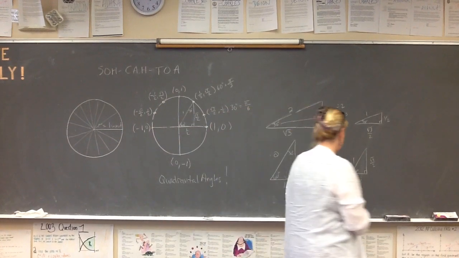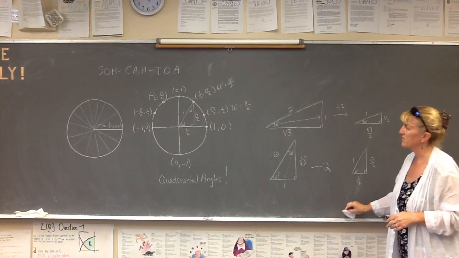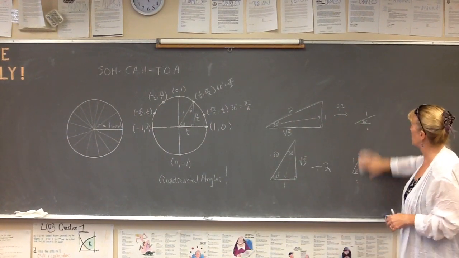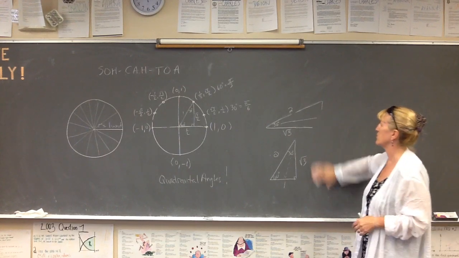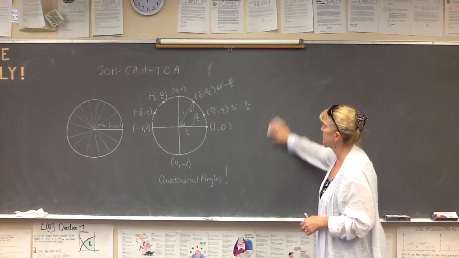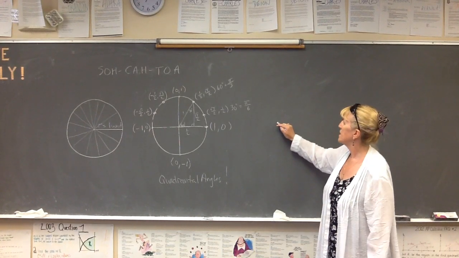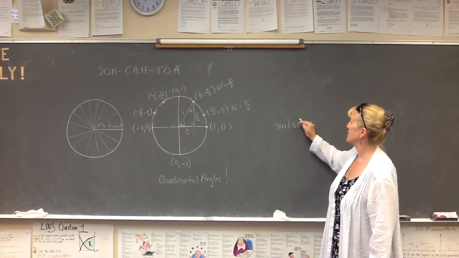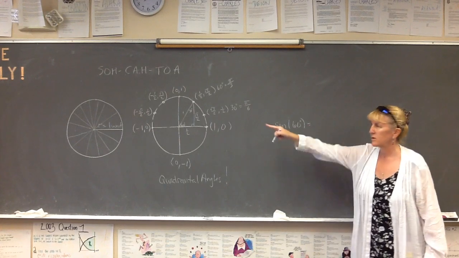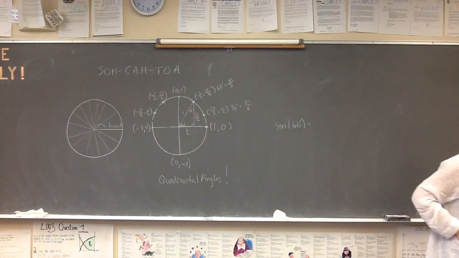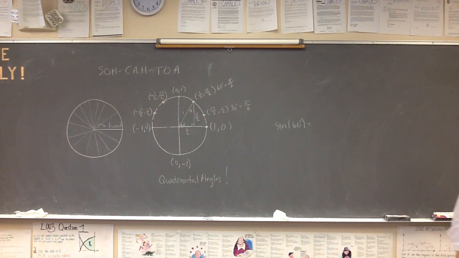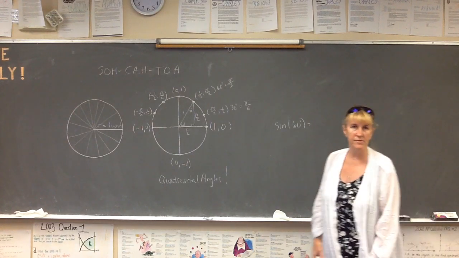That unit circle right now as far as creating any more numbers on it. I do want to talk to you about a relationship that exists on the unit circle, which I think is pretty cool. And I'm going to use this 60 while I'm here. The sine of 60 degrees. Look at your 60 triangle right there and tell me what the sine of 60 is. Sine compares the what to the what?